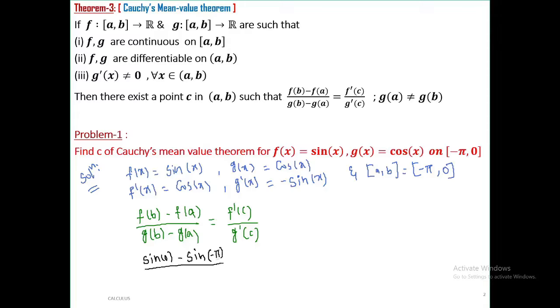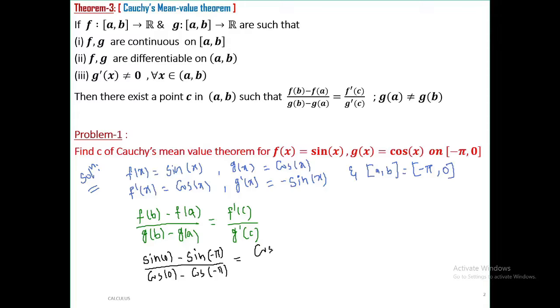Upon g value cos, so cos 0 minus cos pi, cos minus pi. Okay, which is equal to f dash, so cos, right? Therefore cos c.